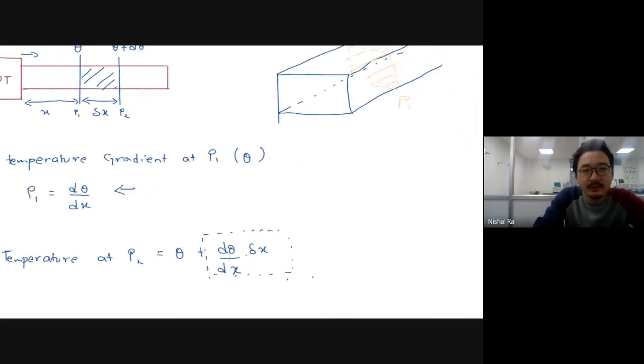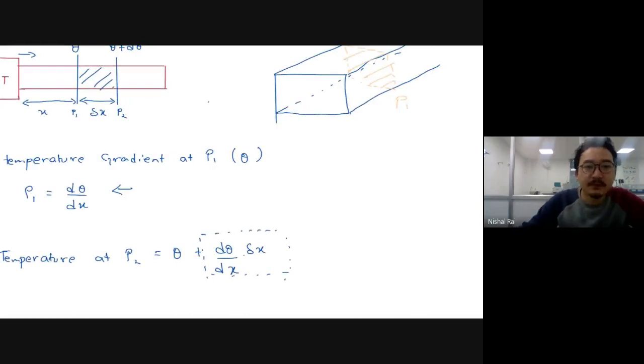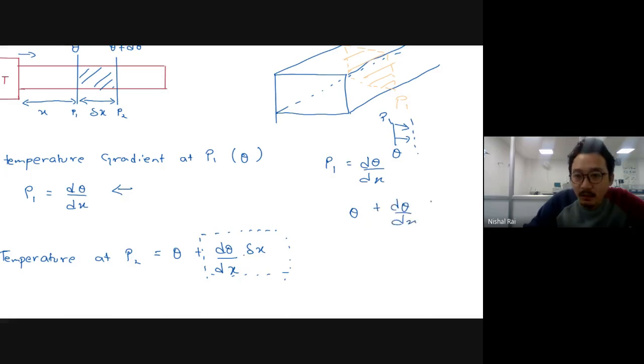Or you can understand this in this manner also. The temperature gradient at P1 was d theta by dx. So this is how the temperature moves from P1. Clear? So suppose its temperature is theta, then it's theta plus d theta by dx, and how much it has moved is given by delta x.